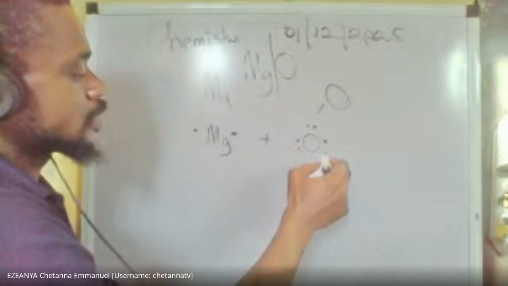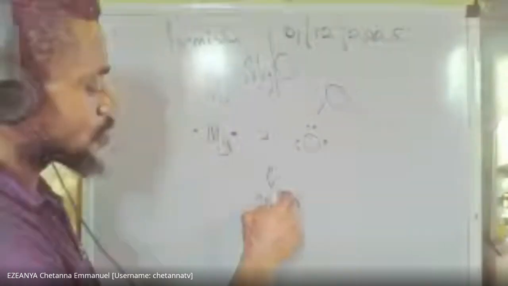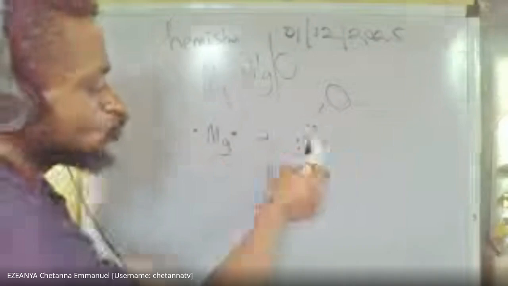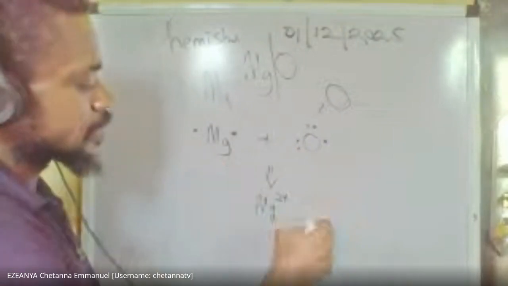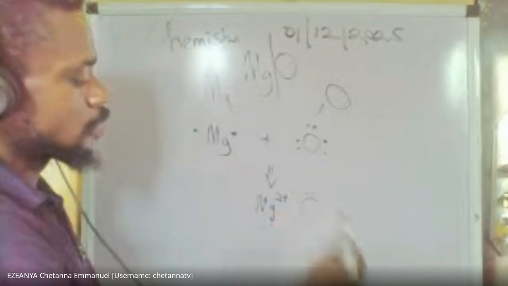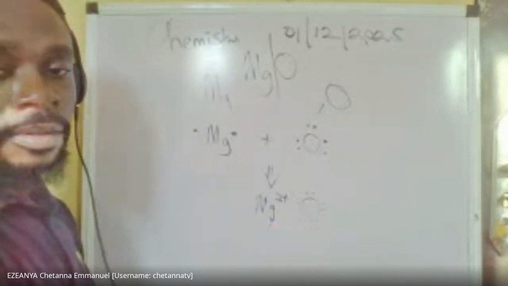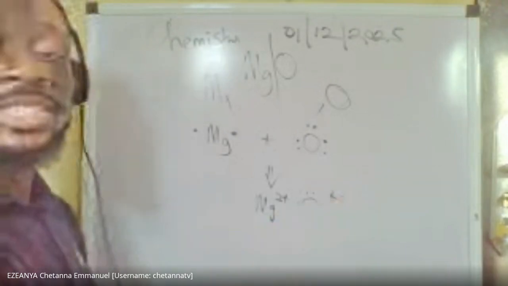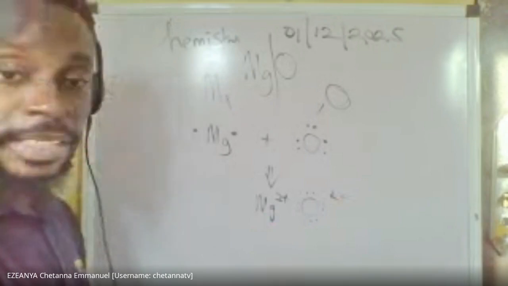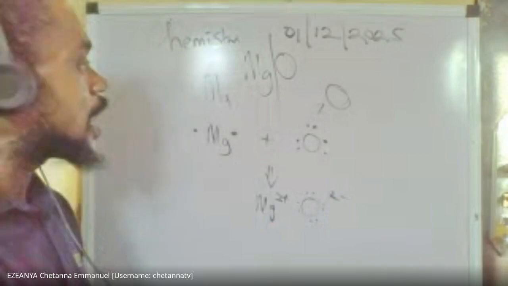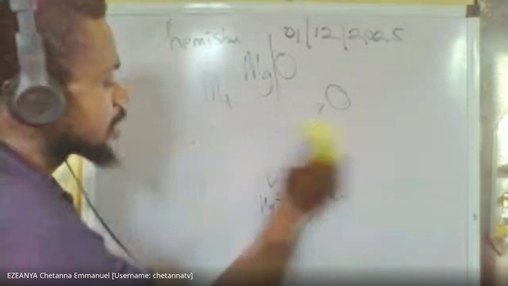And when they combine, we have something like this. Magnesium ion, because it will lose 2 electrons, and these electrons will come here and get attached. So we have something like this. Is that clear? Where you have 2 minus. So this is magnesium oxide. I'm trying to represent it with Lewis structure.